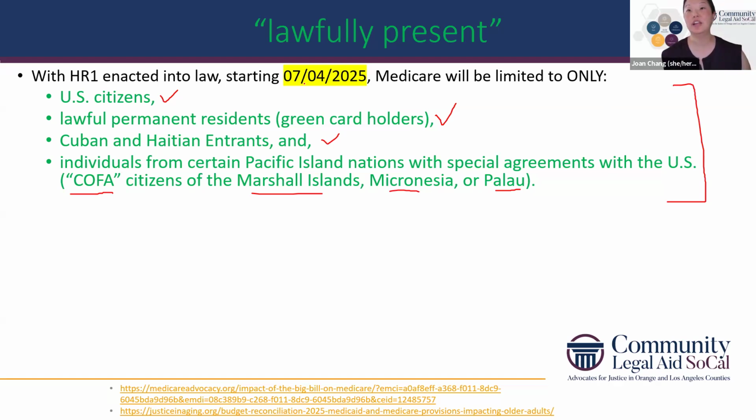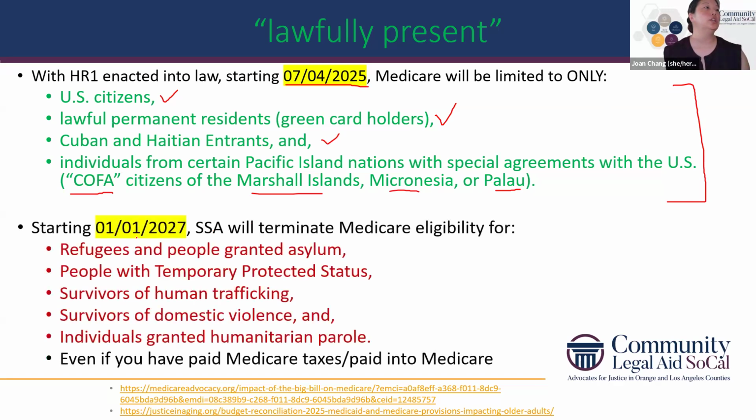This is effective as of now, because this was passed back in July. This is currently in effect, and this is the law of the land at this time. Starting January 1 of 2027, Social Security unfortunately will terminate Medicare eligibility for the other folks.